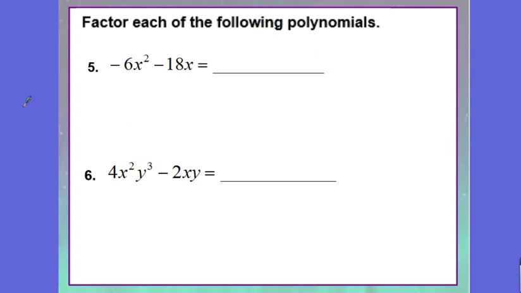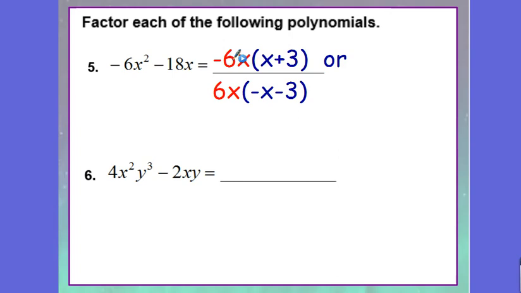Okay, problem 5 is a little different. There are actually 2 possible answers that would both be considered using the GCF. I could divide negative 6 and negative 18 by 6, or I could also divide them by negative 6. But I also have to notice that they have an x in common. So I have two possible answers here.